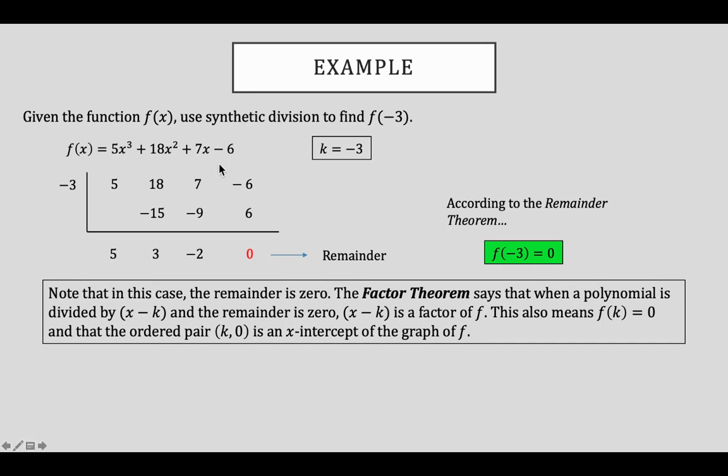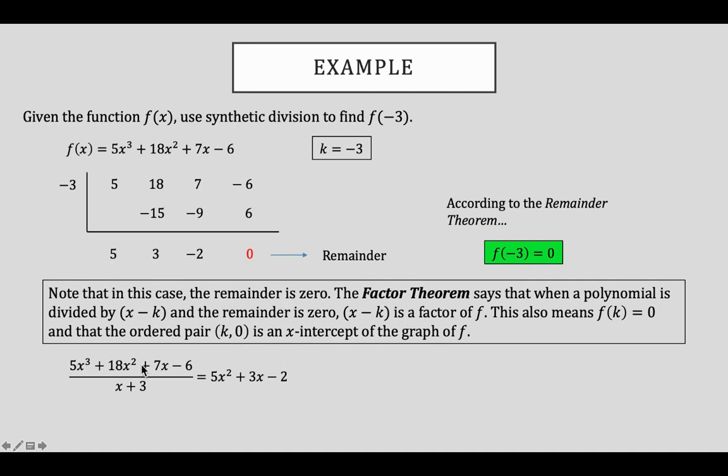In other words, we took this polynomial and we divided it by x plus 3. 5x cubed plus 18x squared plus 7x minus 6 divided by x plus 3. And what we got for our quotient was 5x squared plus 3x minus 2. Notice each of those numbers is coming from the values that we ended up with here with our synthetic division.